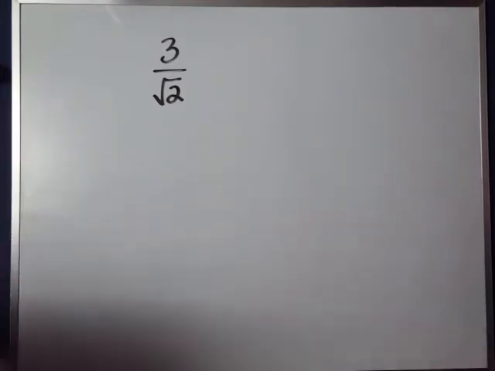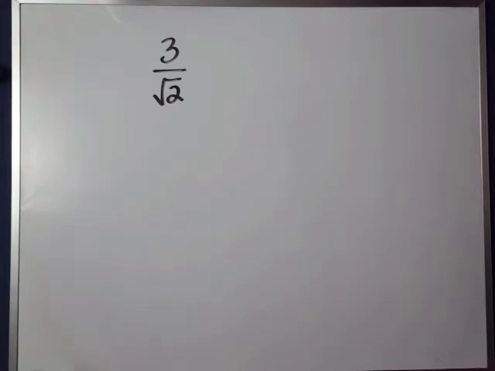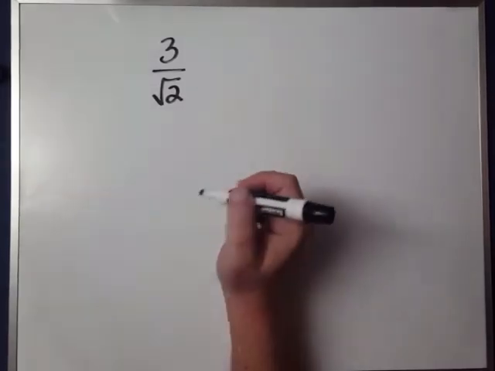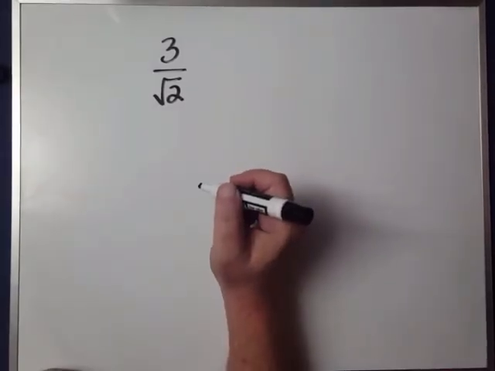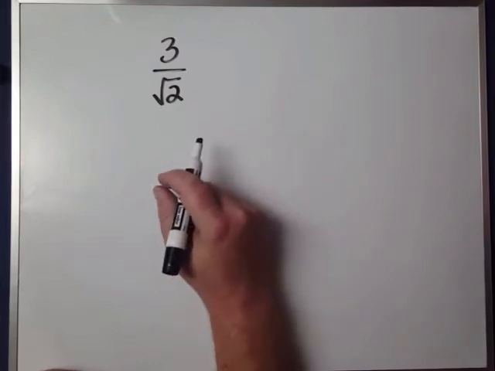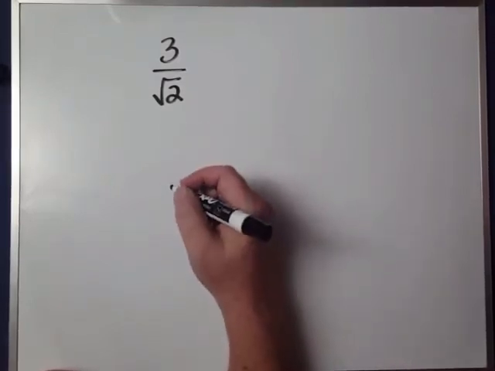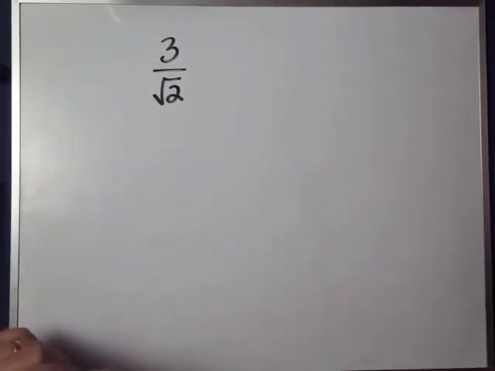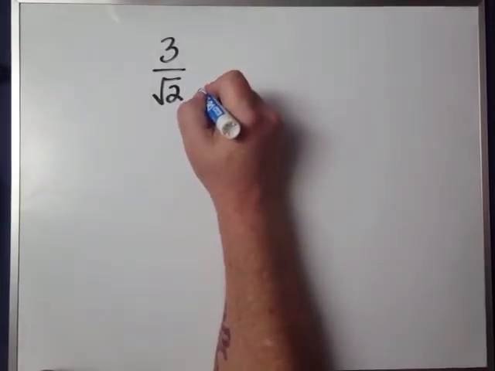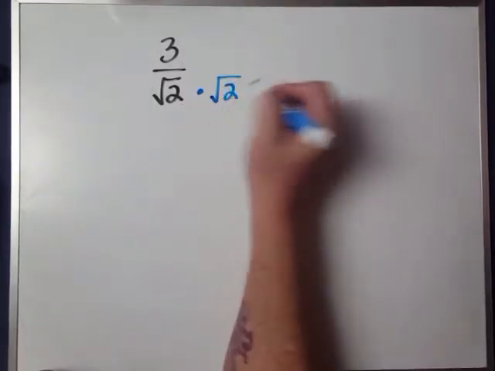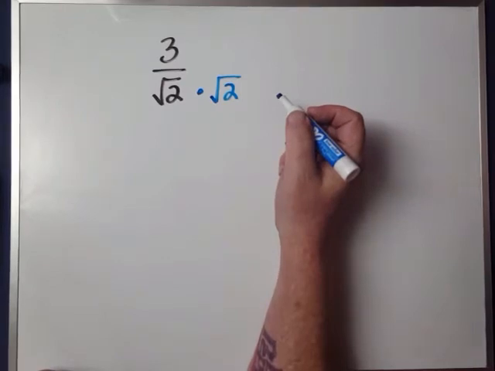No denominator contains a radical. So what do we do with this? Well, we just kind of noticed in some of the previous problems that a square root times itself gives you just what's inside. And so if I could multiply this square root of 2 times itself, I'd be in business.